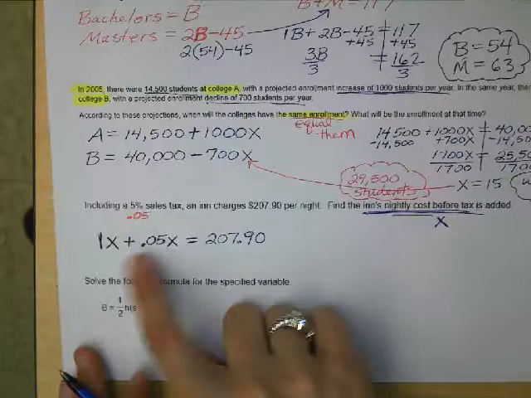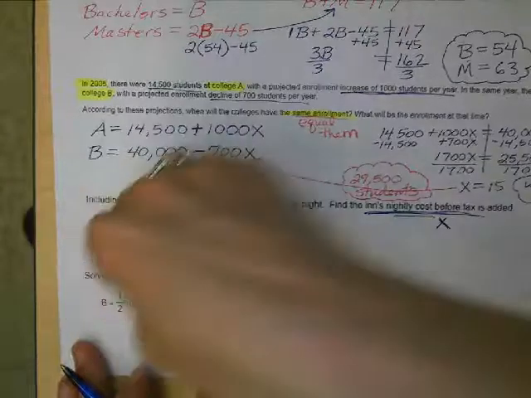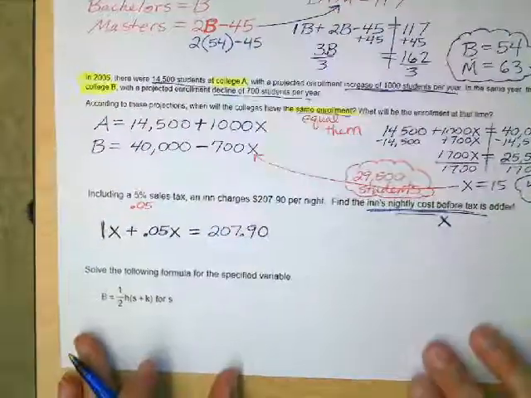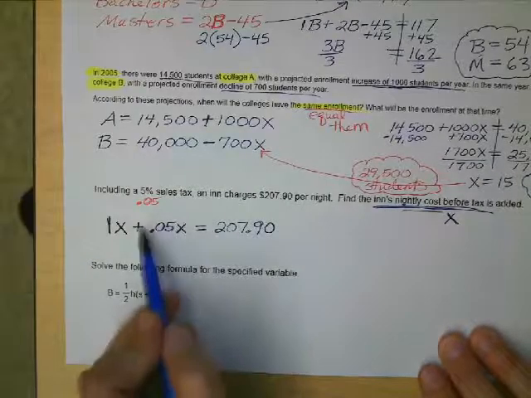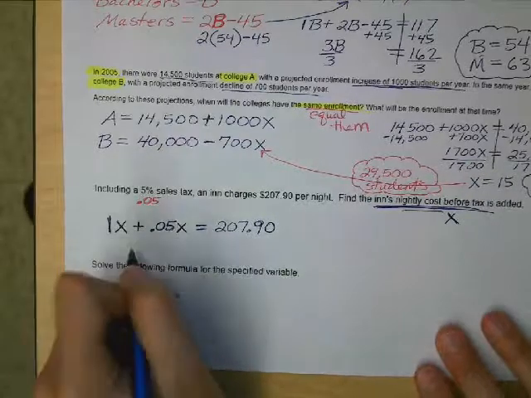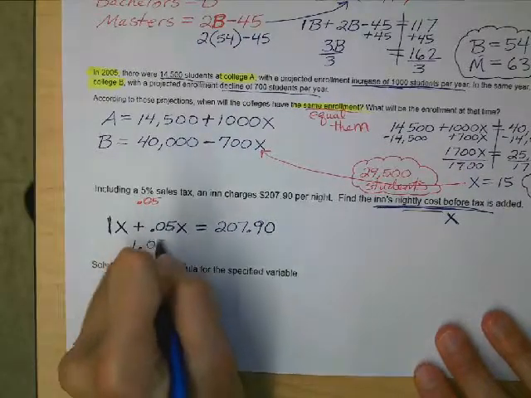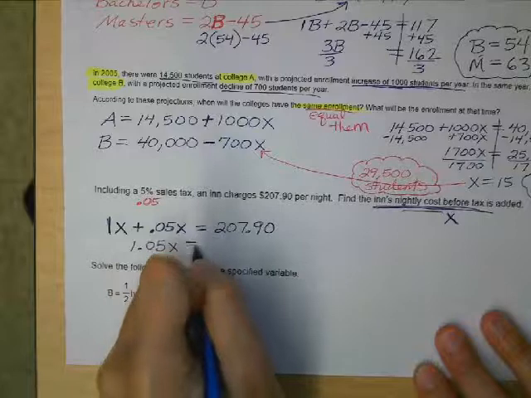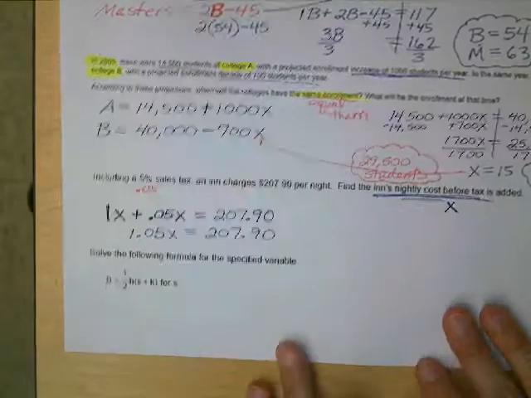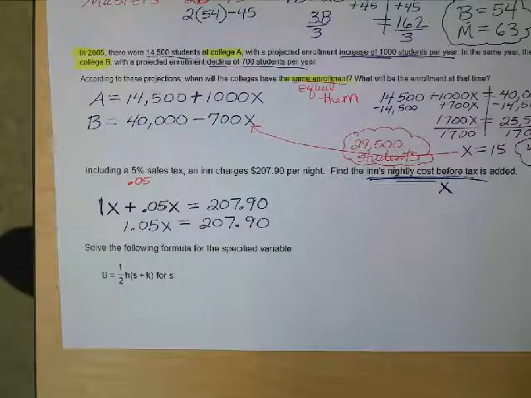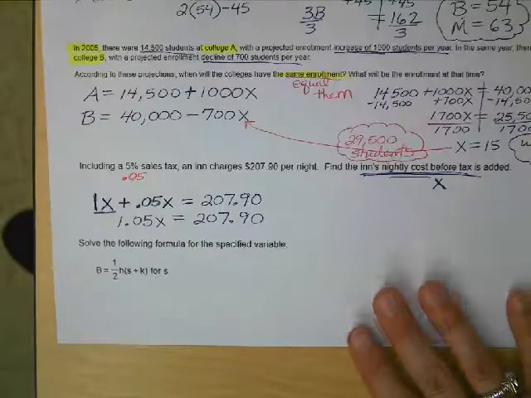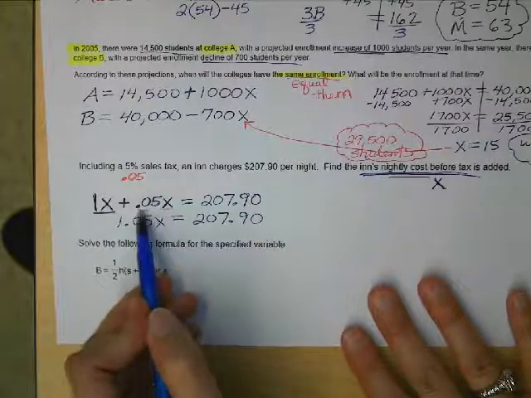So just remember that it's like the cost plus the tax, or the cost of the item minus a discount, or whatever it is in the assignment. It might be like minus 30% off or something. But anyway, you add that up and it's 1.05x equals $207.90. See, you put 1 for the actual cost of the hotel, the 1x, and this 0.05x is the tax.